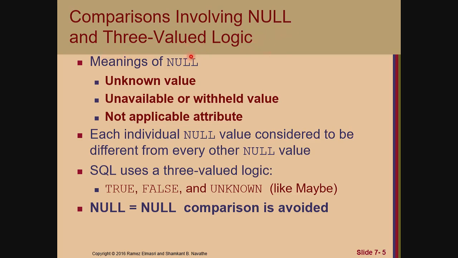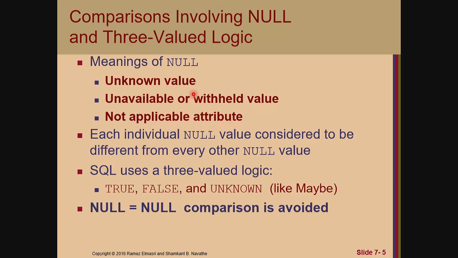Okay, at first we have to understand null, and what happens if we have an operation with a null value. At first, null means an unknown value, an unavailable or withheld value, or a not applicable attribute.